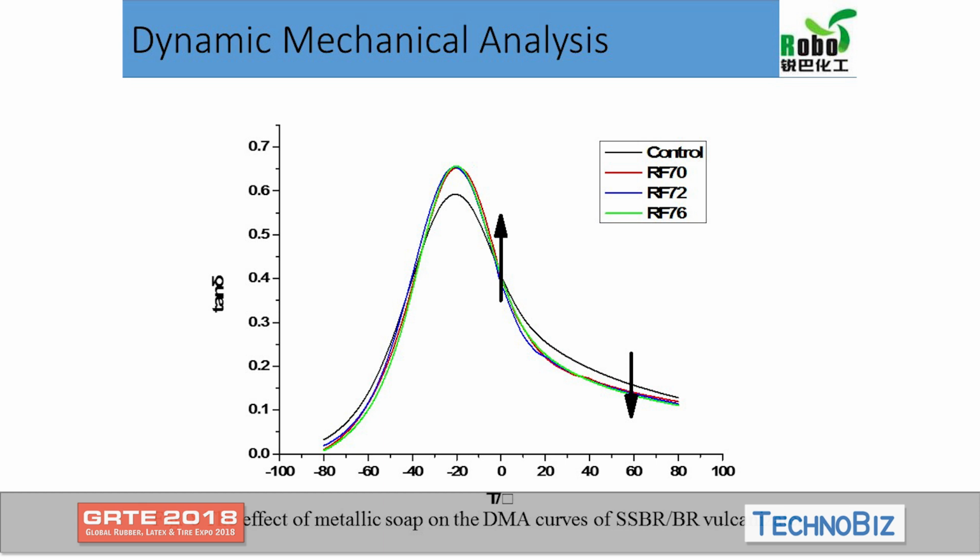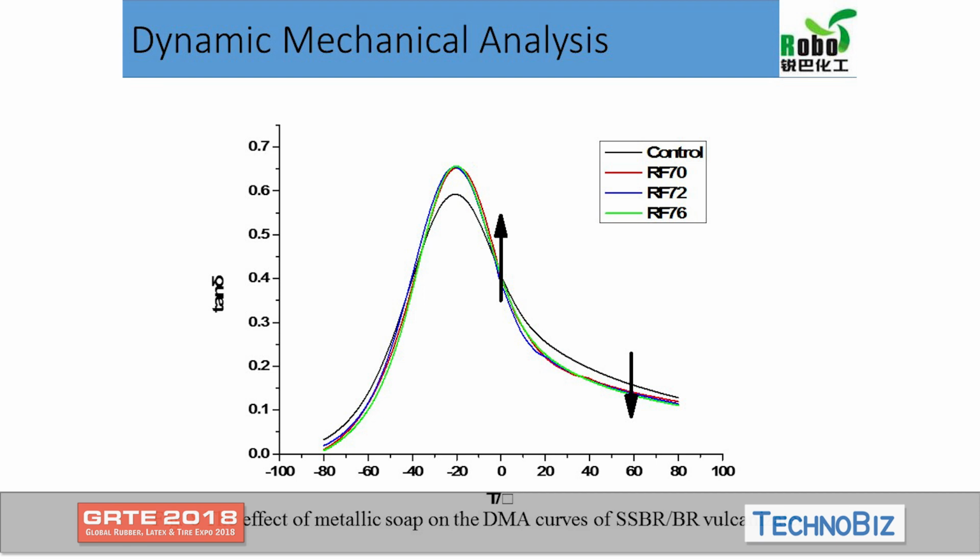From dynamic mechanical analysis, the DMA test, we can see that both rolling resistance and wet skid resistance are improved with the addition of metal soap. And this can meet the green tire requirements.